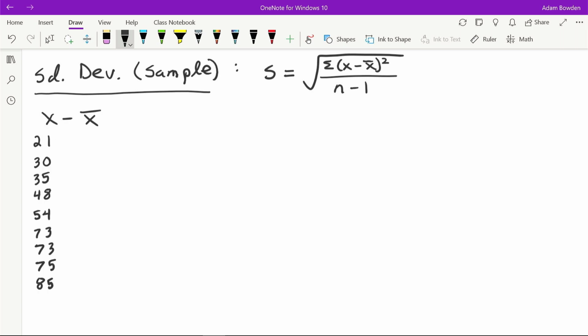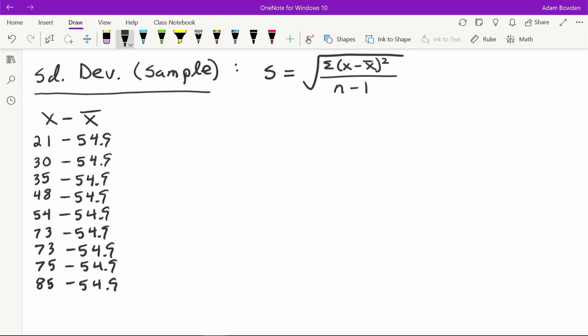That means for each value, we need to subtract away 54.9. Okie doke. And so that's going to look something like this. We'll have numbers like negative 33.9, negative 24.9, negative 19.9, and so forth.